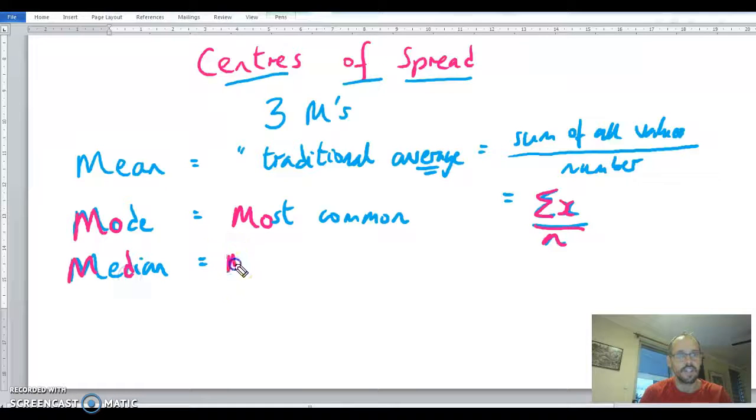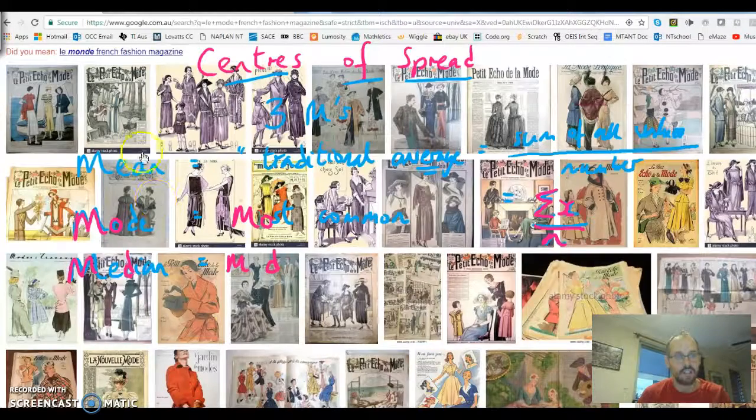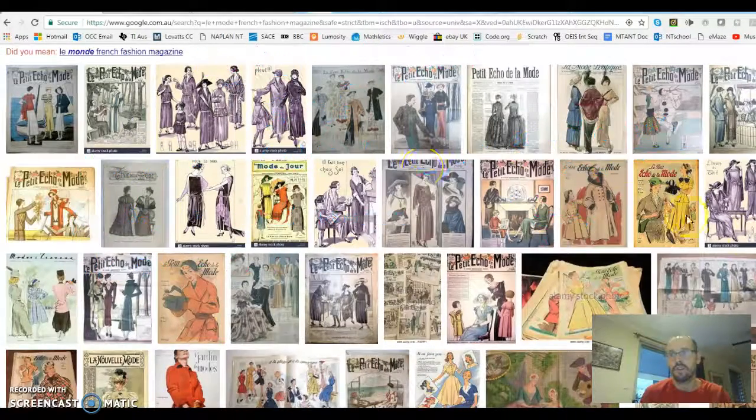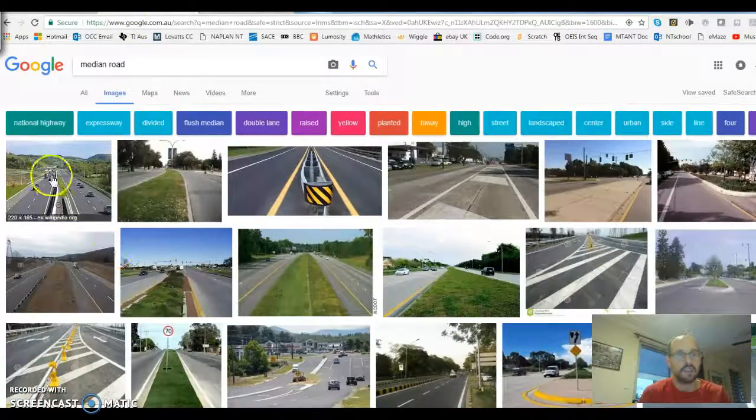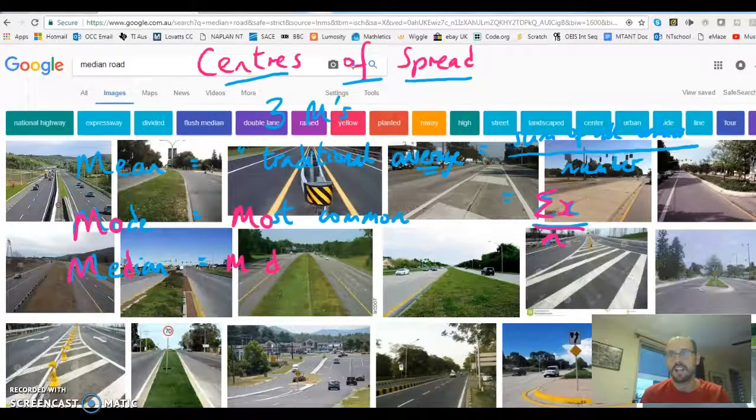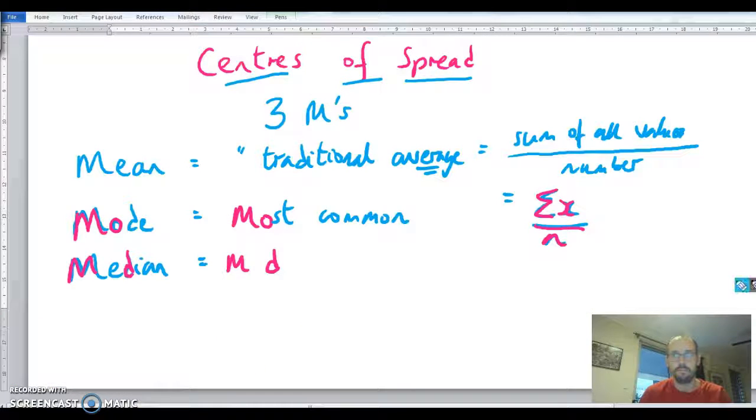It has M and D in it, just like the word median. And also, like remembering Le Mode, there's also a one for median, and that's a median road strip. That's the concrete strip in the middle of the road. And that concrete strip in the middle of the road is actually called the median. And therefore it's the middle value.